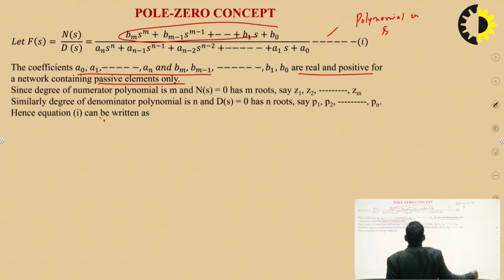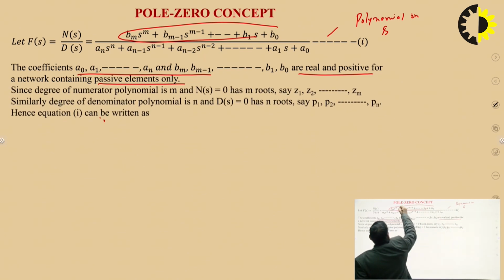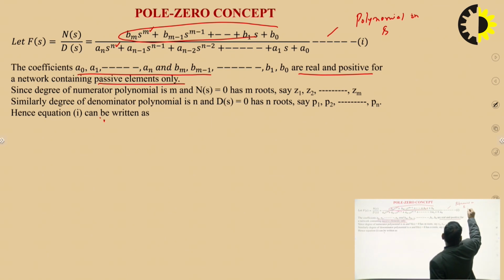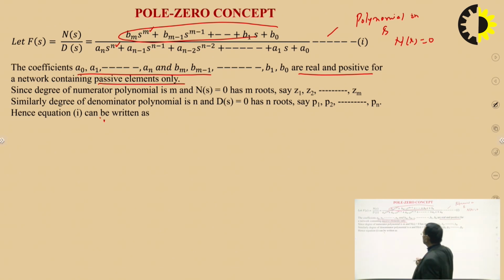We can see that the degree of the numerator polynomial is m, and the degree of the denominator polynomial is n. If we equate N(s) equal to 0, the polynomial becomes an equation, and we find the roots of this equation.